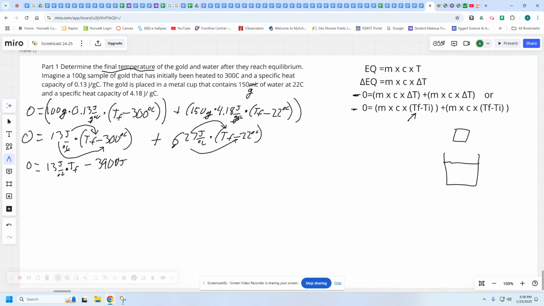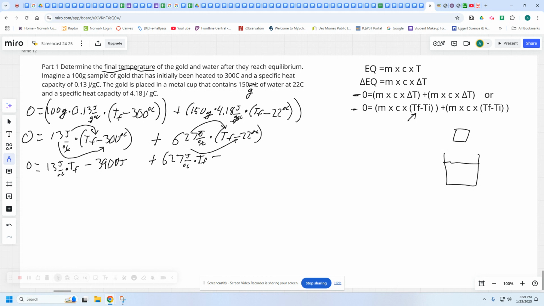Now if you distribute the 627 inside the TF, you should have 627 joules degrees Celsius times TF, now stuck together as a package. And then furthermore, if you take the 627 joules for every degree Celsius times the negative 22 Celsius, the Celsiuses will cancel out and you're only left with joules at this point.